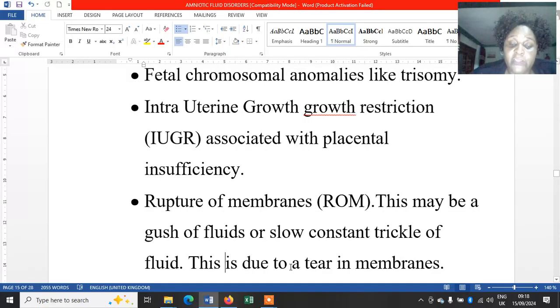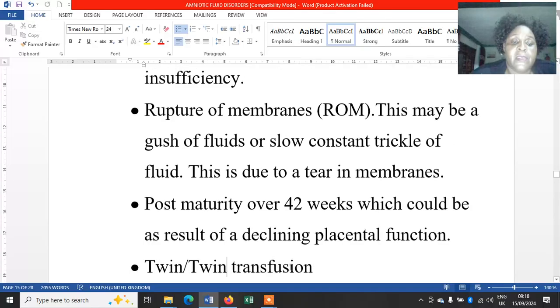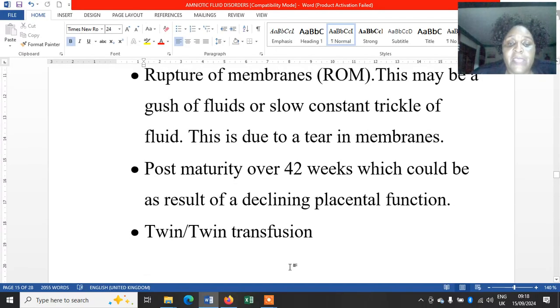This may be a gush of fluid or a slow constant trickle of fluid, which can be due to a tear in the membranes. So these membranes can rupture at one time, or they can leak slowly, like we've said. Then post-maturity, that is over 42 weeks, which could be as a result of declining placental function.